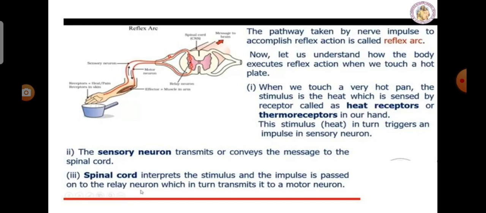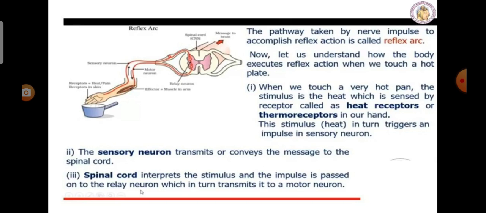This stimulus in turn triggers an impulse in the sensory neuron. The sensory neuron transmits or conveys the message to the spinal cord.